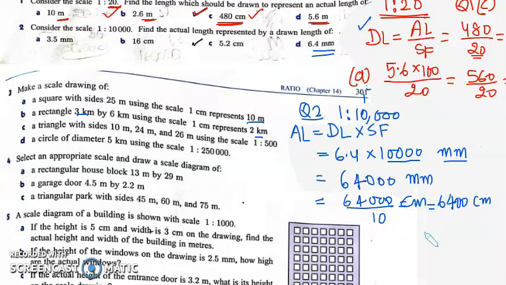And if you further divide it by 100, because 100 centimeter is 1 meter, 6,400 by 100 is equal to 64 meter, and that will be the answer. Hope it is clear.